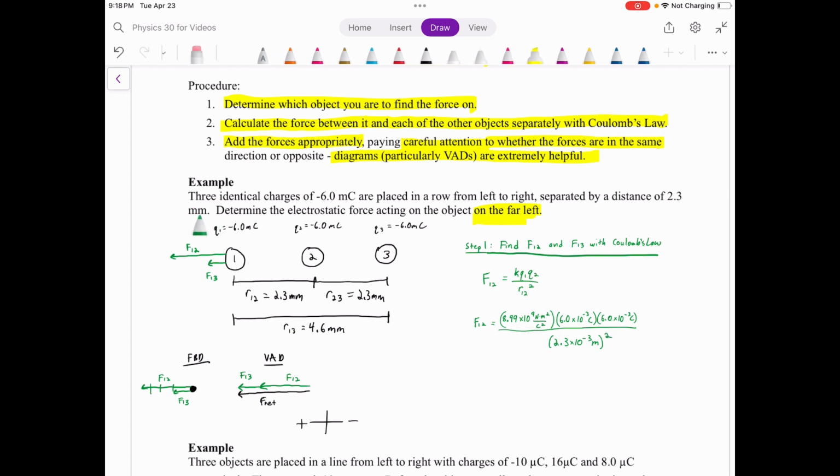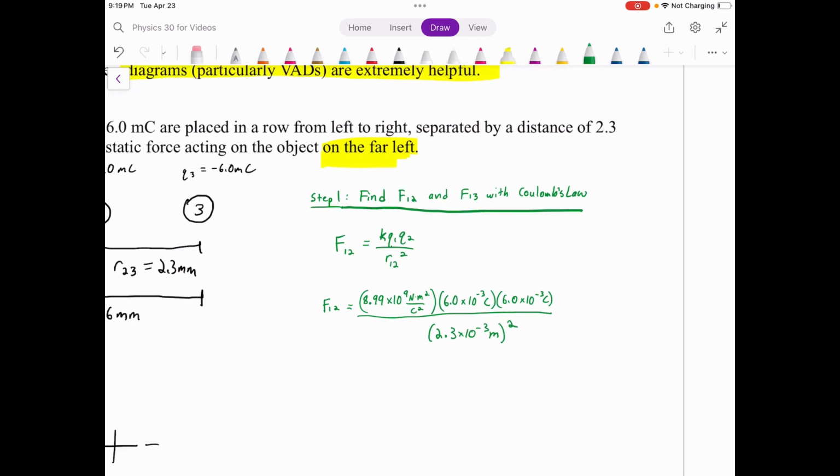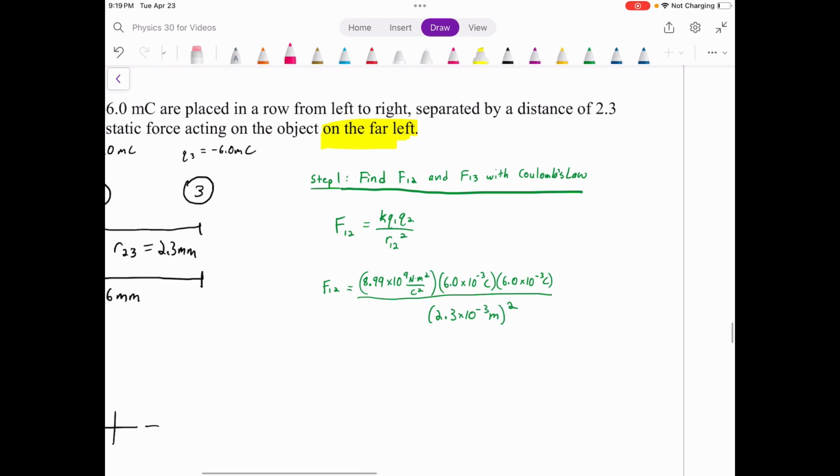And same goes for our distance in millimeters. We need to convert that to meters. So 2.3 times 10 to the negative 3 meters, right? Coulomb's constant, K, is not set up to work with millicoulombs or millimeters. It's in meters and coulombs, okay? So our charge needs to be in coulombs and our distance needs to be in meters.